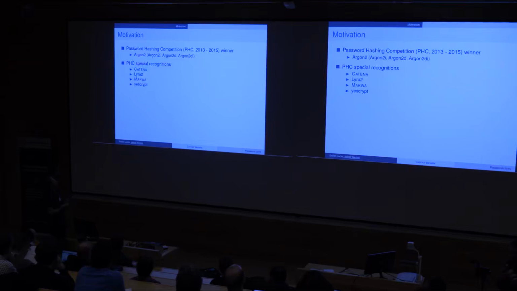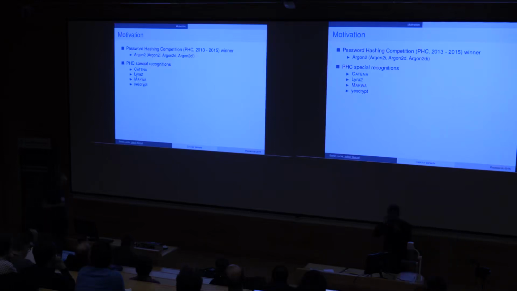Then there was the second variant, Argon2d, which has a password-dependent access pattern, which gives resistance against ASICs, for example, or FPGAs or GPUs. So it's a quite nice trade-off resistance. And then a mixed or hybrid variant, Argon2id.